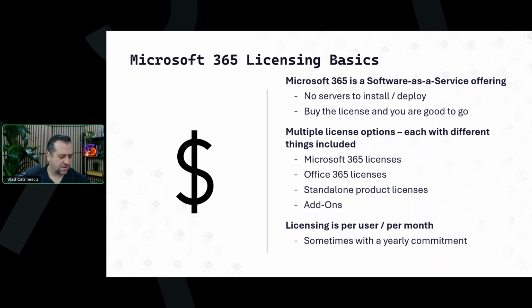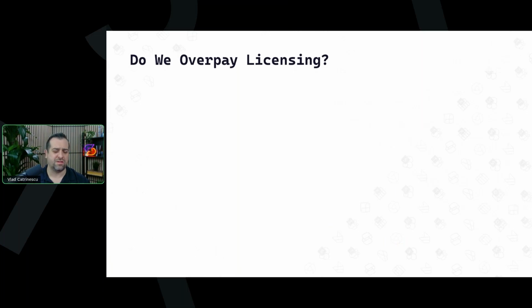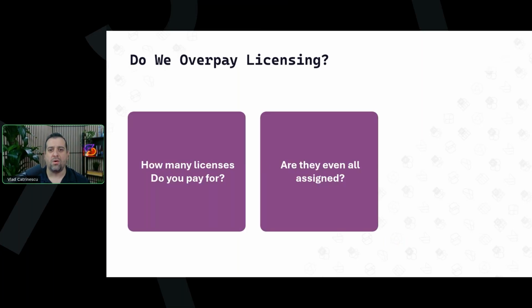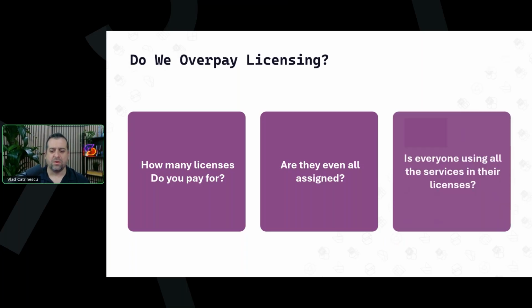Now, a question that a lot of organizations have is, do we overpay for licensing? And what does overpaying for licensing mean? Because it can have different definitions for different people. First of all, do you even know how many licenses you pay for in total? Are they all assigned? And is everyone using all the services in their license?